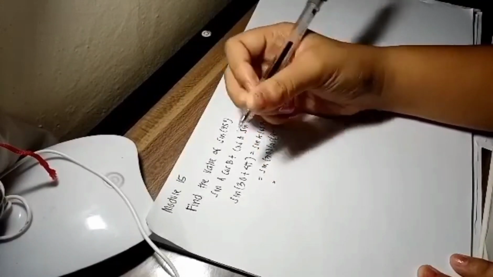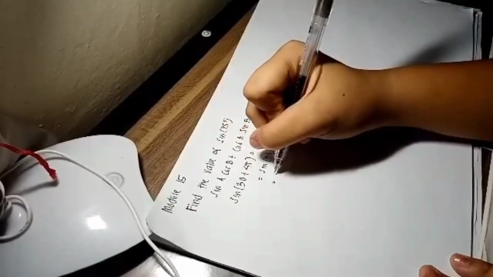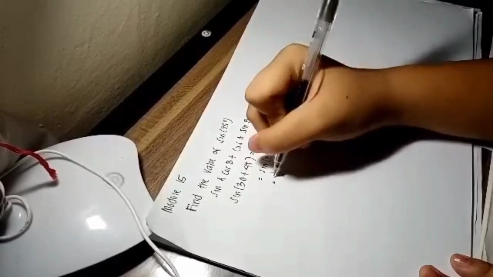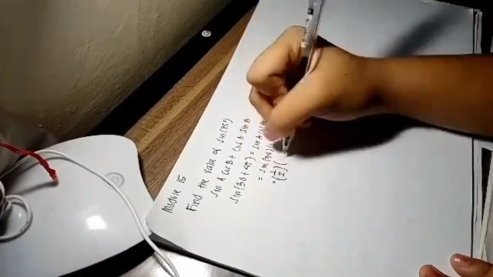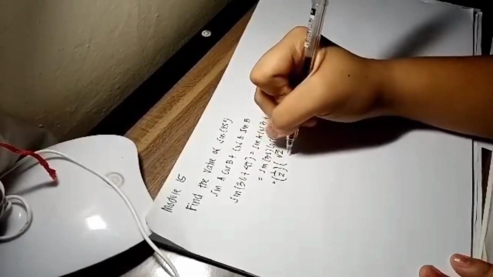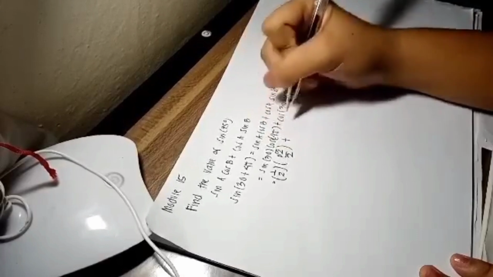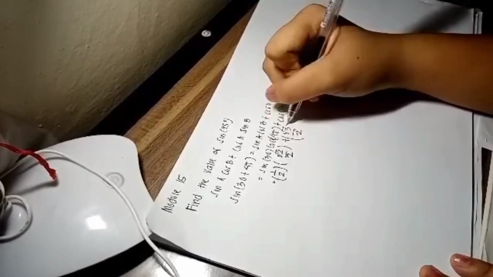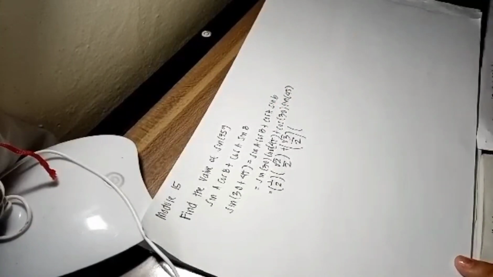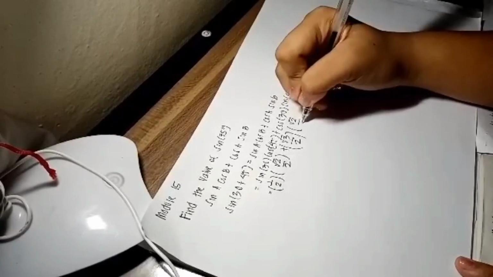Substitute the values again. Sine 30 is equal to 1 half. Cosine 45 is equal to square root 2 over 2. Cosine 30 is equal to square root of 3 over 2. And the last one, sine 45, is equal to square root of 2 over 2.